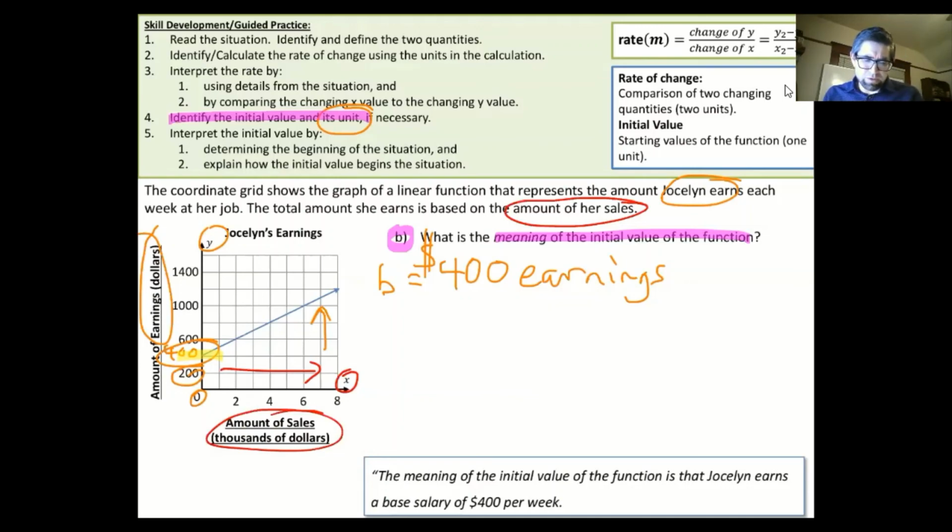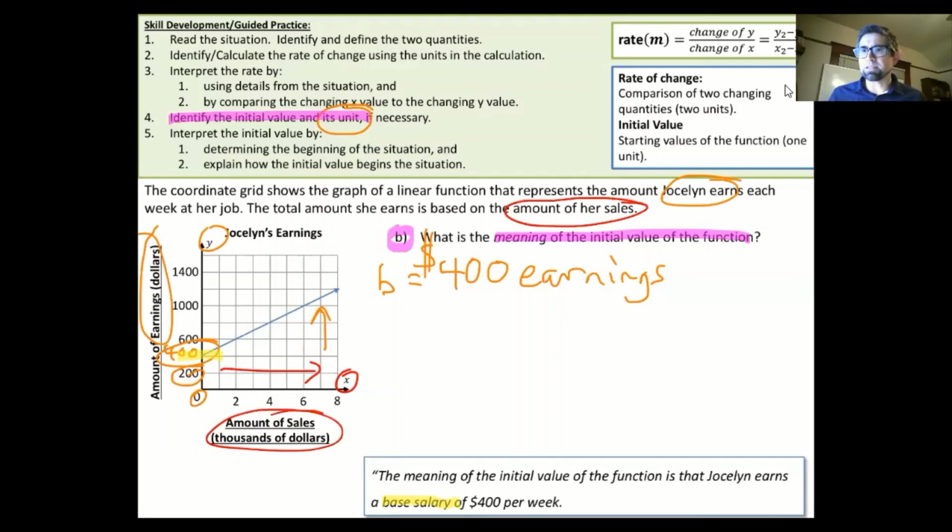So let's go back through. The meaning of the initial value of the function, I just included the question in the answer, is that Jocelyn earns a base salary. This part right here, we might not be familiar with. The word base means where we start, like home base is where the baseball player begins. So her base salary means her salary where it begins. Her base salary is $400 per week.